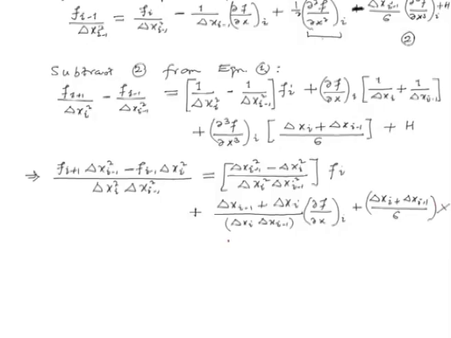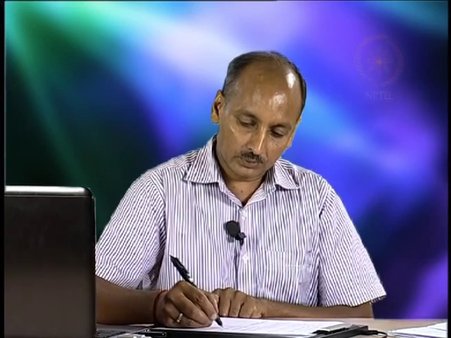This is multiplied by the third order derivative del cube f over del x cube at i plus higher order terms. So now we can rearrange to obtain an expression for a first order derivative.